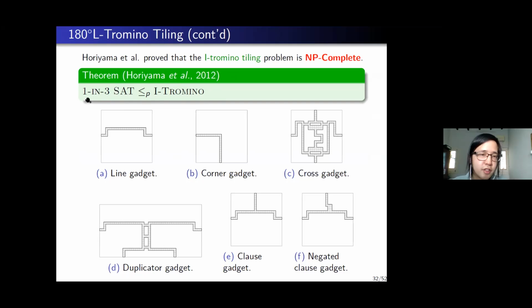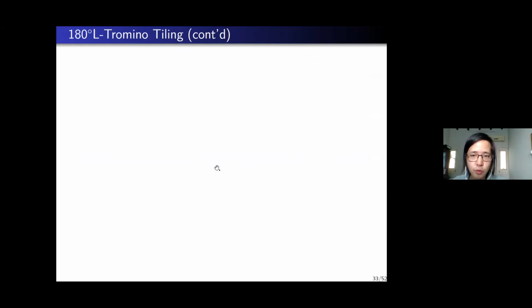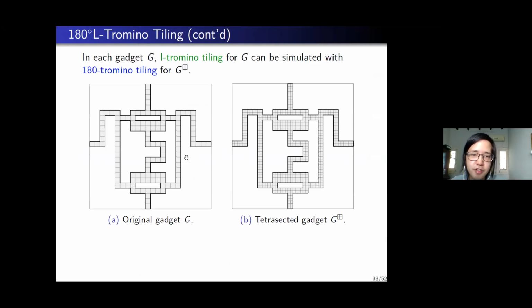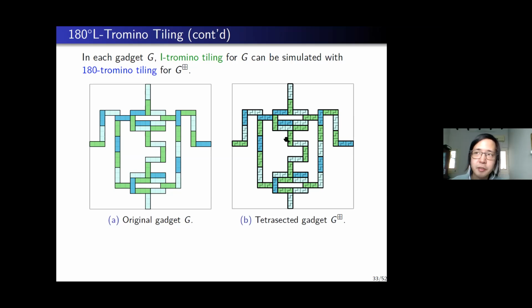It gives the reduction from 1 in 3 SAT to I-tromino. And in this reduction, we use these 6 gadgets. We have realized that if we tetrasect the gadgets, the I-tromino tiling can be simulated with 180 tromino tiling.